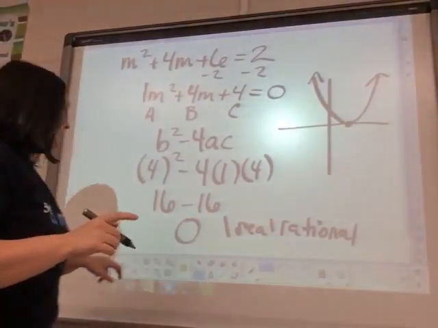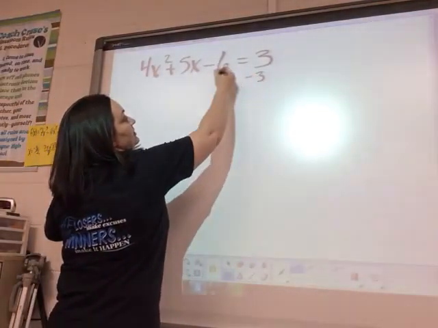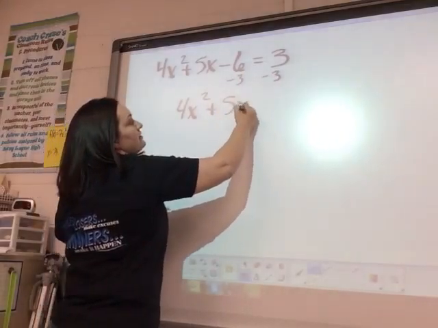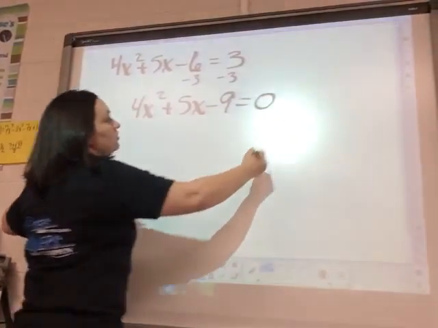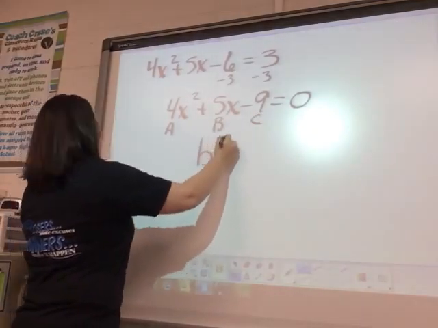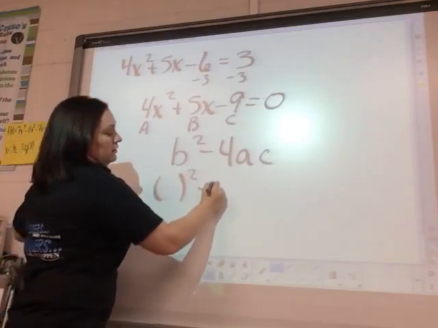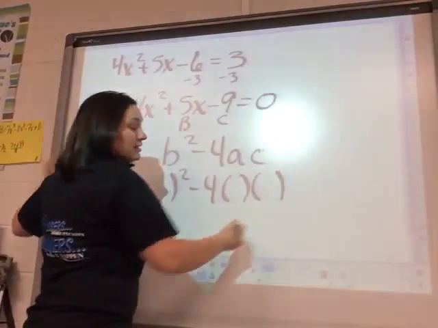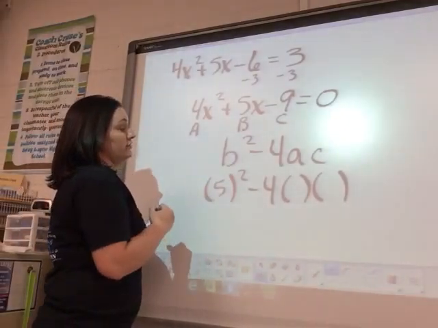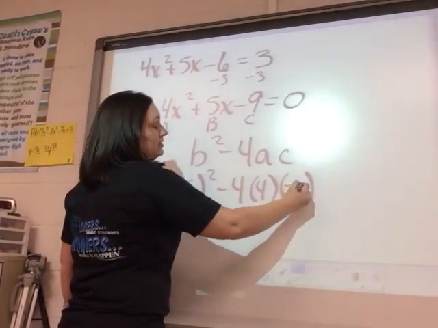Let's do one more example. Subtract 3 from both sides to get 4x squared plus 5x minus 9 equals 0. Label. Write your formula down. Use your parentheses. Let's just plug in what we know. b is 5. a is 4. c is a negative 9.